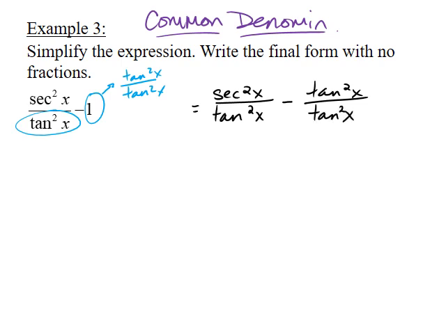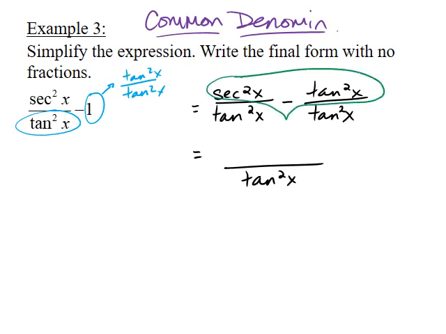Okay, well, now that I have two fractions with a common denominator, I can write this as a single fraction with that denominator. So if I look at this now, remember I'll just subtract these two items.